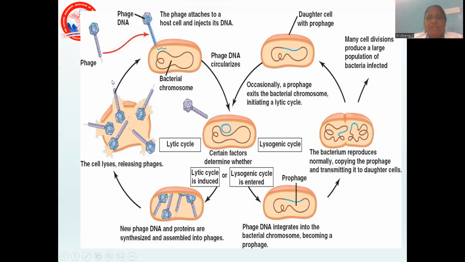When they are going to infect a new bacteria, the property of the mother cell is transferred to the new cell. So this is how a bacteriophage, a virus, is transferring a segment of gene from one bacteria to the other. So this type of cycle is known as the lytic cycle. This is known as transduction.